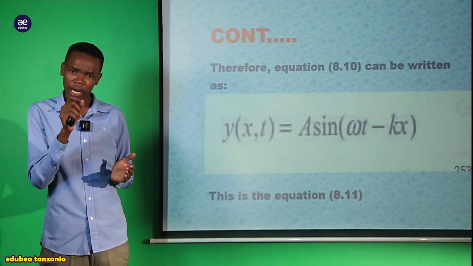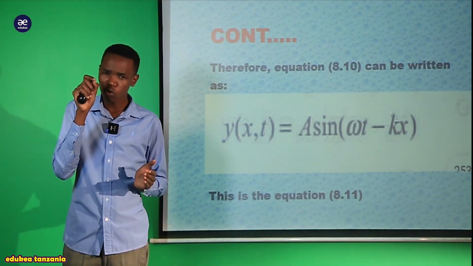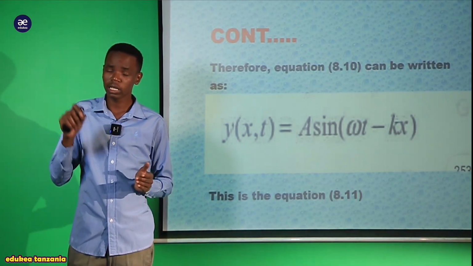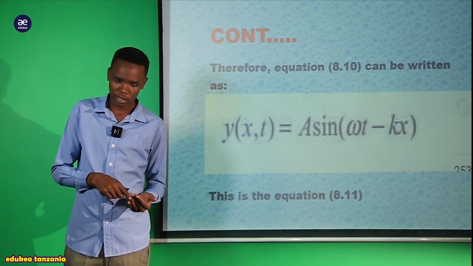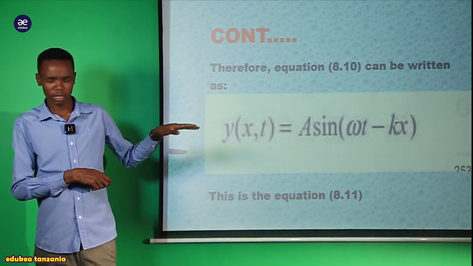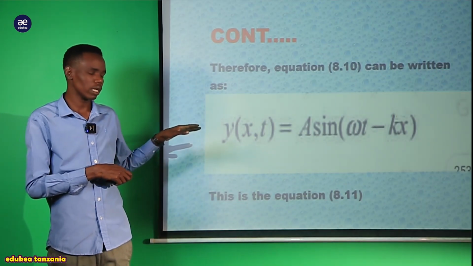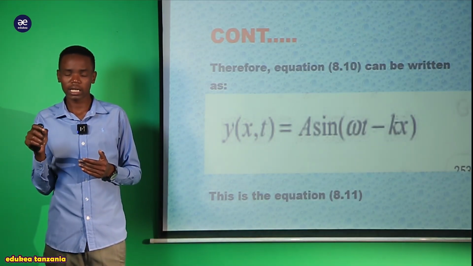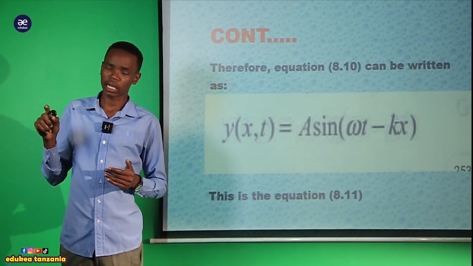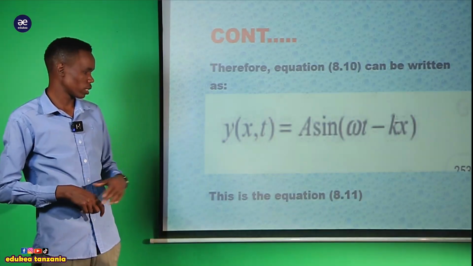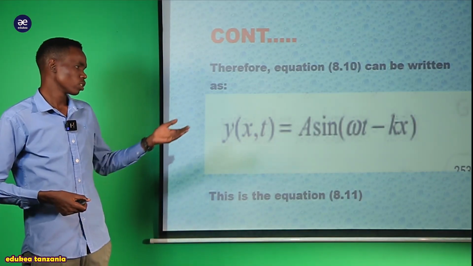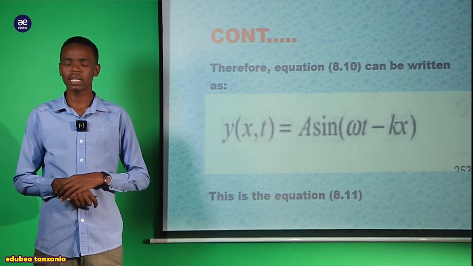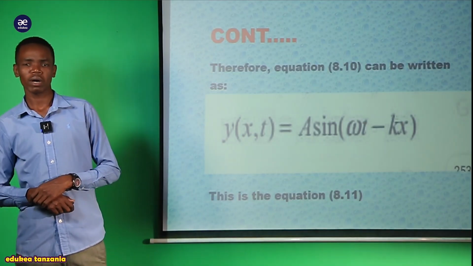But we know that the value of 2π over wavelength must be equal to a constant. Kwa tamwambia sasa kumbe y, the displacement at the coordinate point (x, t), is equal to a sine bracket ωt minus kx as we see here, my lovely students. So this could express equation number 11 for our topic number 8.